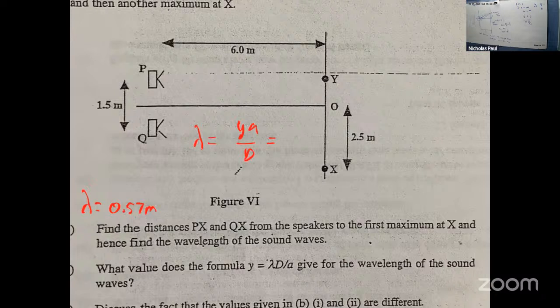So why do it again using the formula? What value does the formula give you? Very good. y is 2.5, that's between O and X. A is how much? What's the diagram? A is 1.5.